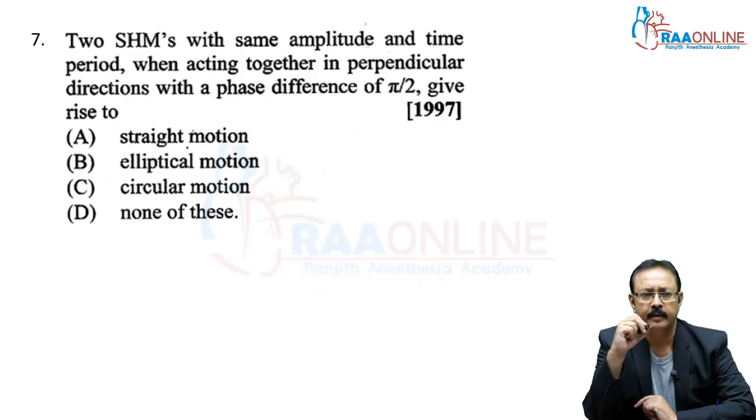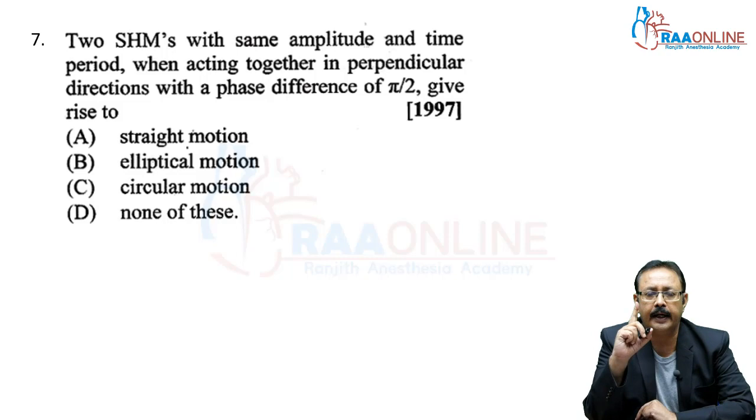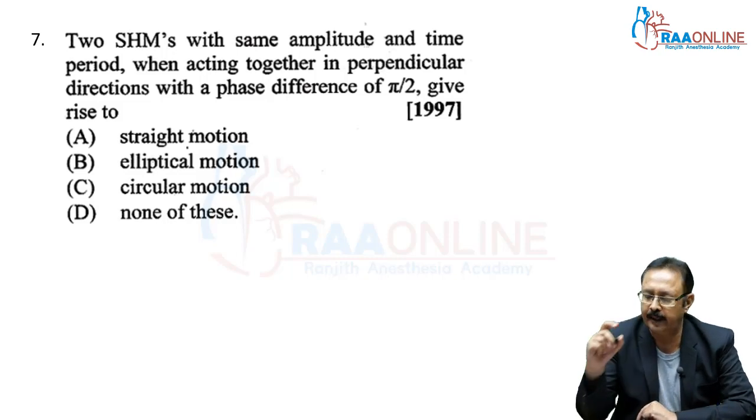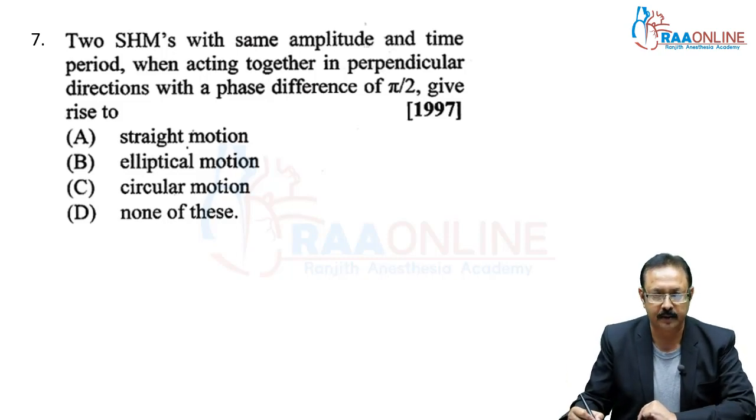Next, two simple harmonic motions with the same amplitude and same time period acting together in perpendicular directions with a phase difference of pi by 2 give rise to, again, a problem of a locus.